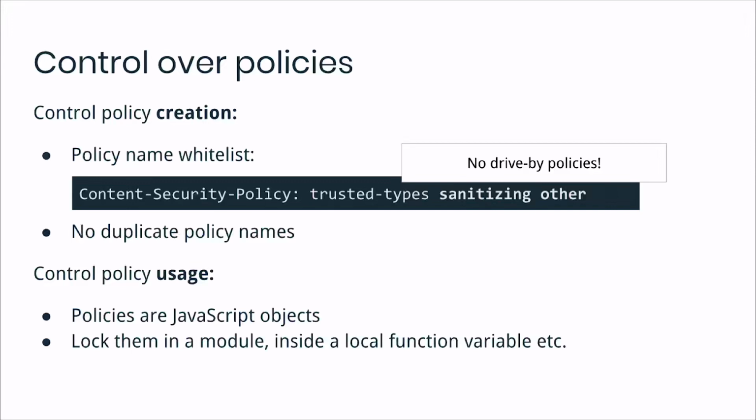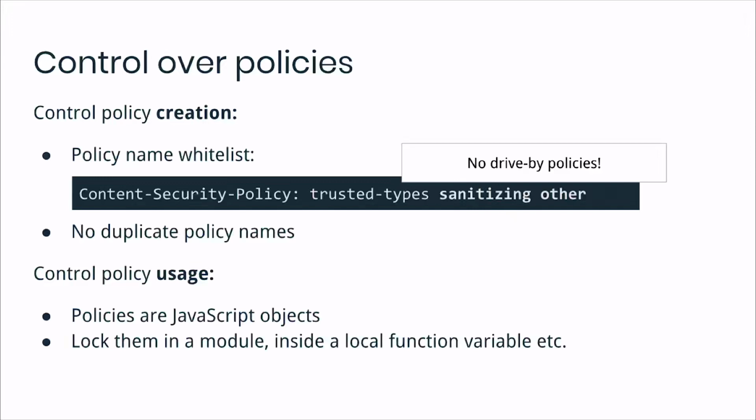But the actual important additional control that you have is you can control the policy usage. Policy, again, embodies the rules that are being run whenever a string is being converted to a trusted type. And there can be many policies. Some of them are more strict, some of them maybe are more relaxed. Some of them you have reviewed, some of them were introduced by one of your dependencies, for example, right?